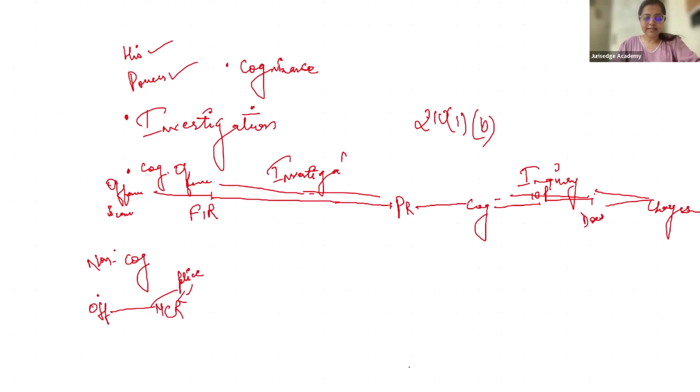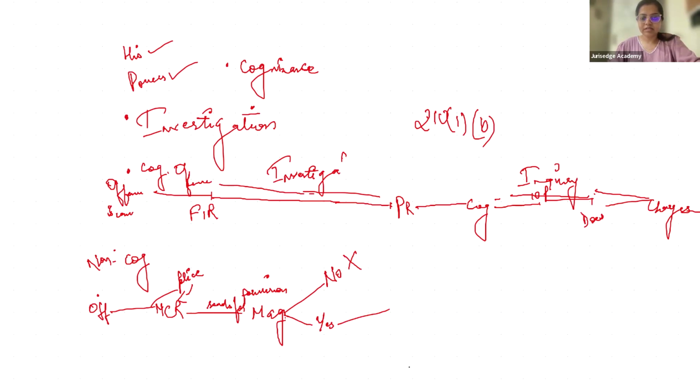Then the police send it for permission to a magistrate. And if the magistrate says no, then there is an end to the proceedings. If the magistrate says yes and directs investigation, then the investigation starts.